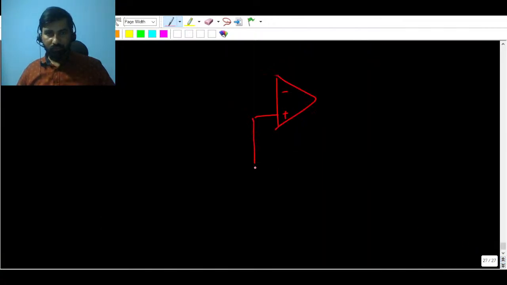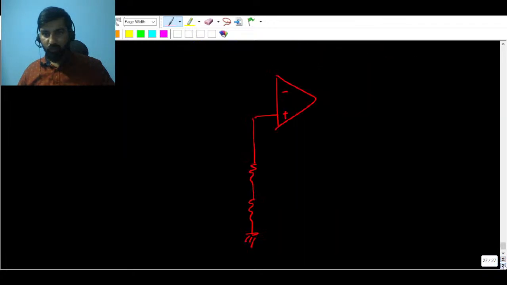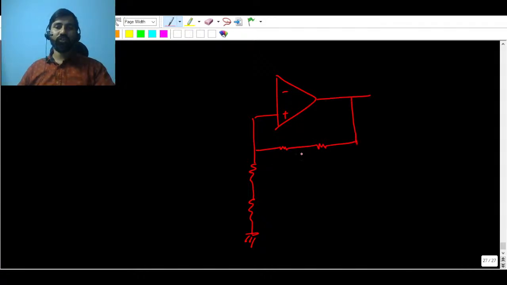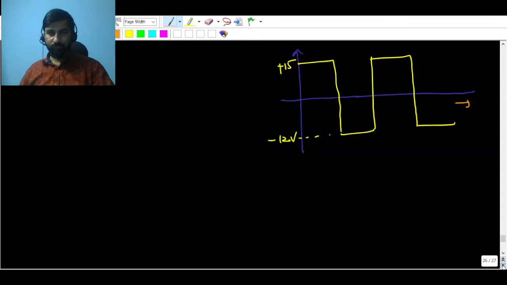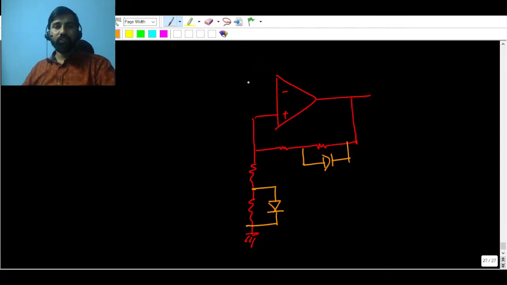There are two more resistances connected. You can draw the circuit yourself, no problem. This diode is pointing like this, and this diode will be pointing downward. The capacitor and resistance are connected here.